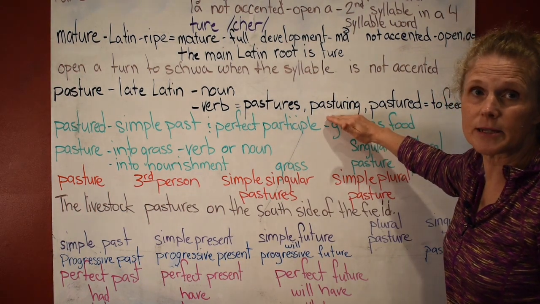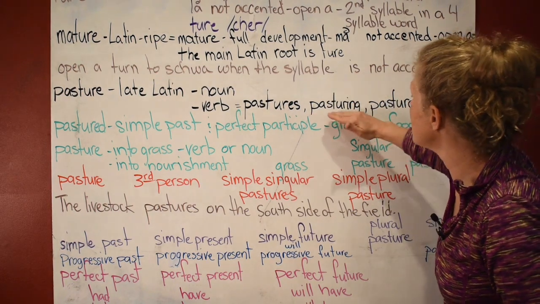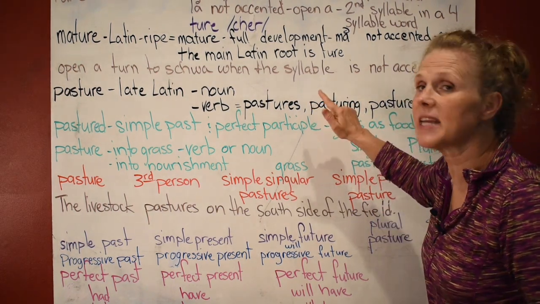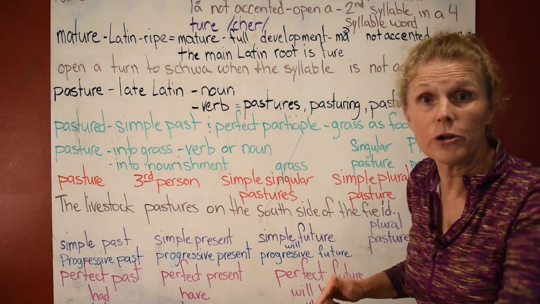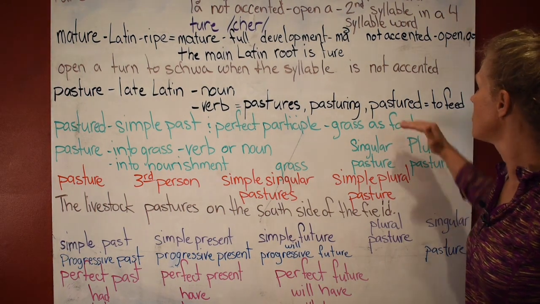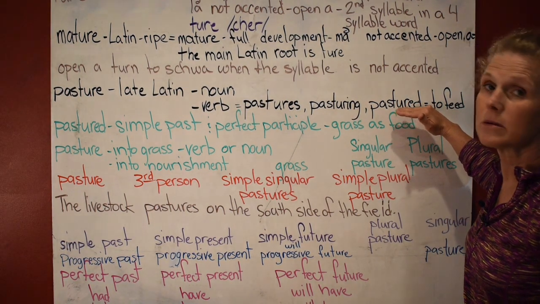Pasturing, where's that sitting? Progressive. Exactly, this is your participle, and it's your progressive participle, and it has to have a helping verb, or you can say an auxiliary verb, okay? Pastured, where's this at? Past.